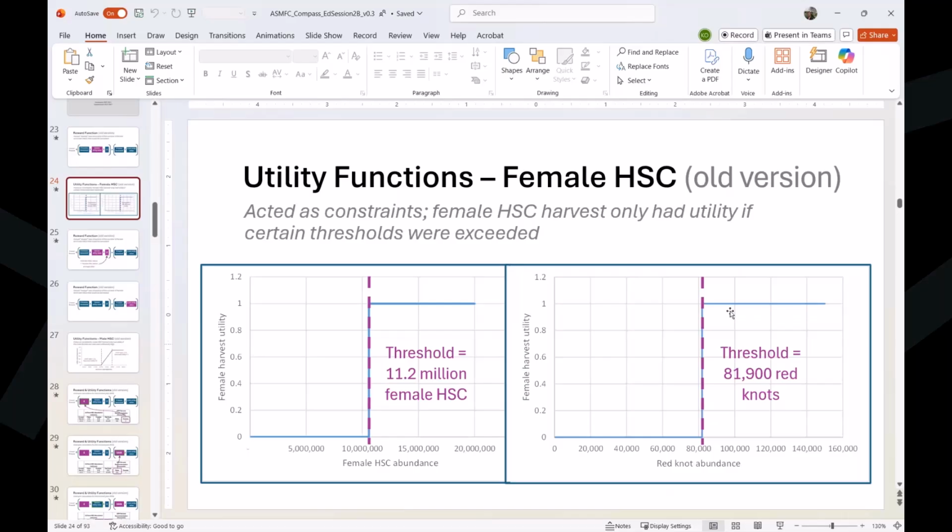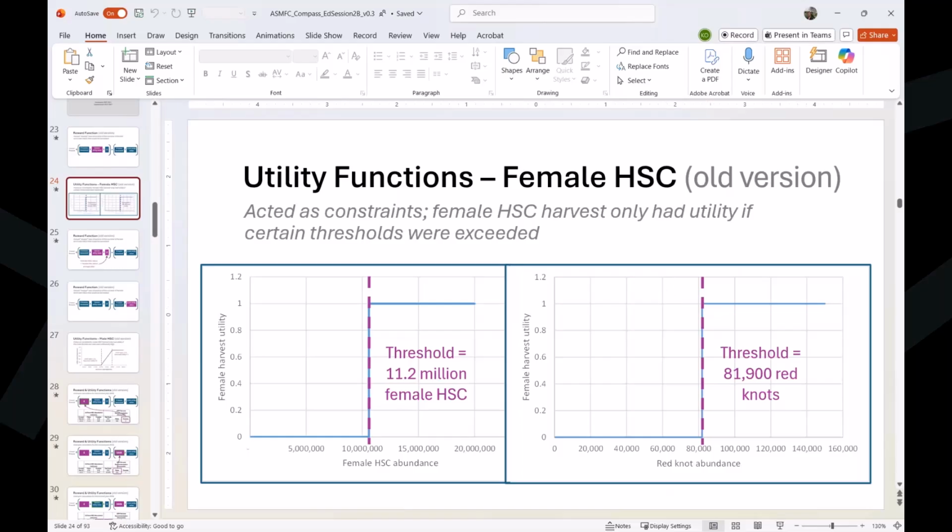And so at the time we thought that by adding this secondary species as dependent on the first species, the shorebirds, 50% of carrying capacity might be too aggressive. So we set it not quite at 100, not quite at 50, somewhere in between, and we settled on 80% as a negotiated agreement on what would be a reasonable point above 50% and below 100% of carrying capacity to start valuing harvest from the system.